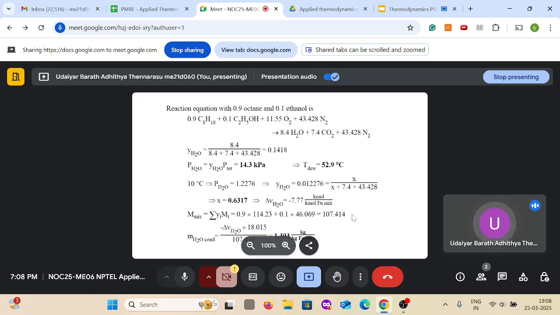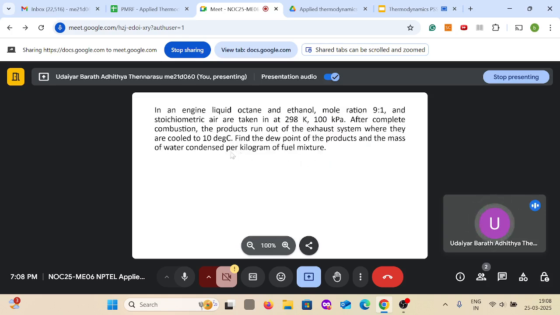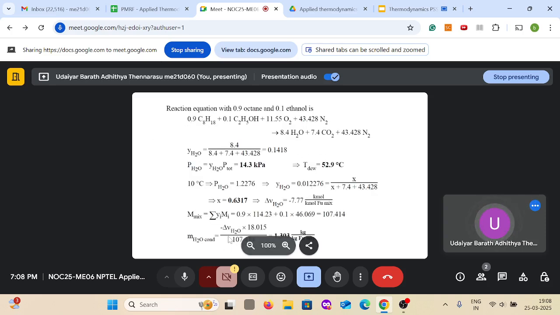multiplied by 107.414 gives you the mass of fuel which is used. Since we need to find out the water condensed per kilogram of fuel, we have to divide by the mass of fuel used for combustion. We have calculated assuming 1 mole of fuel, so we are converting that to mass.